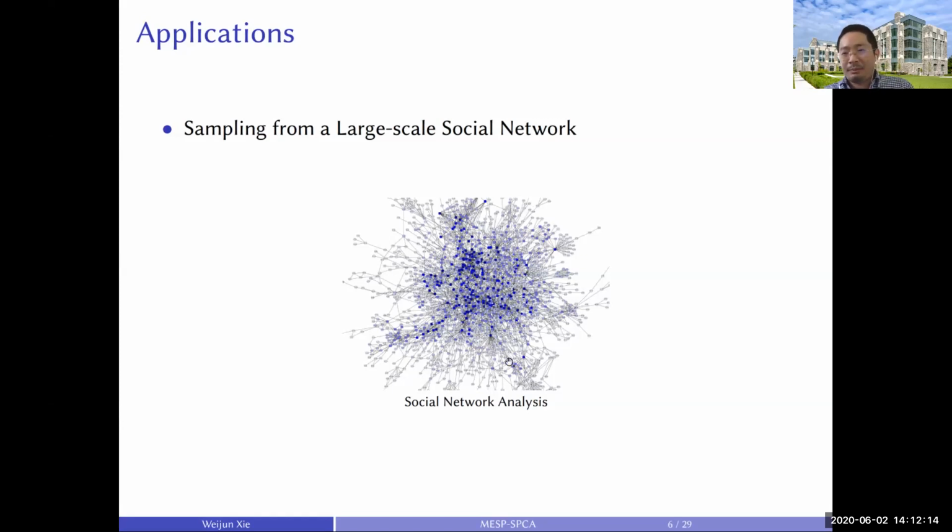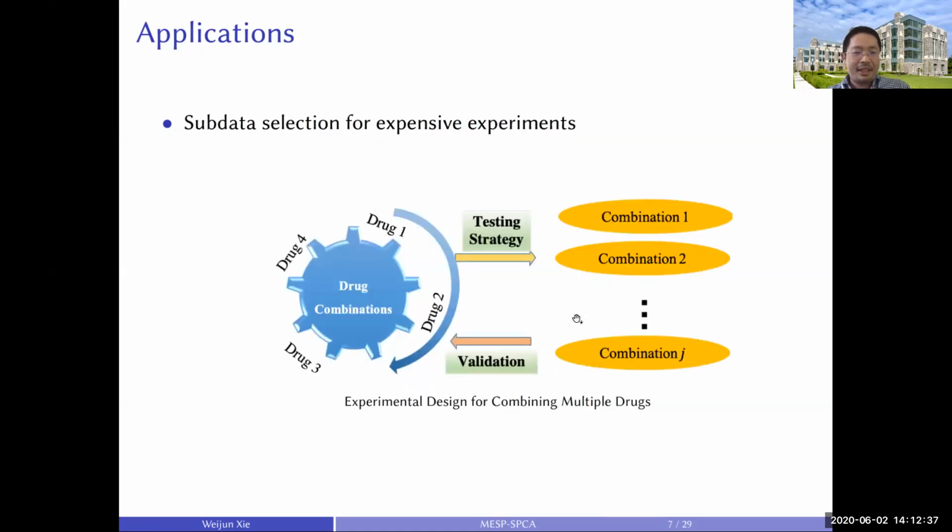Another one worth mentioning is stochastic programming. If we have a lot of samples or scenarios, how can we sample the input? We can further reduce the size of the stochastic programming without loss of too much accuracy, by sampling scenarios based on this approach.